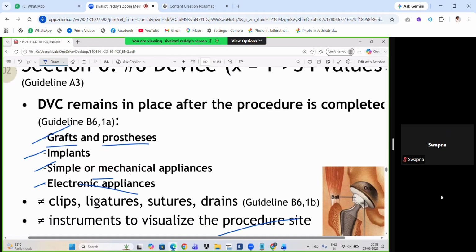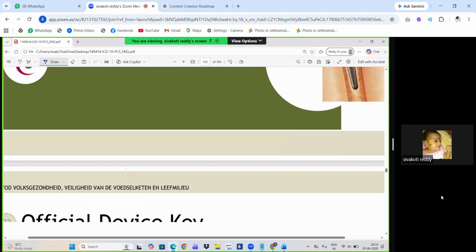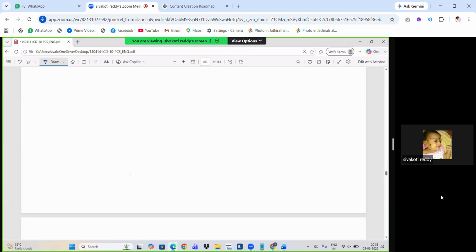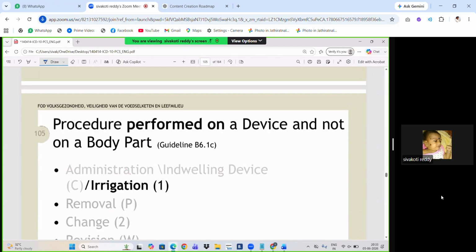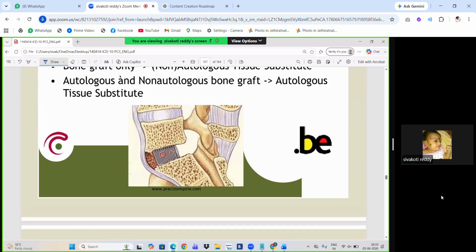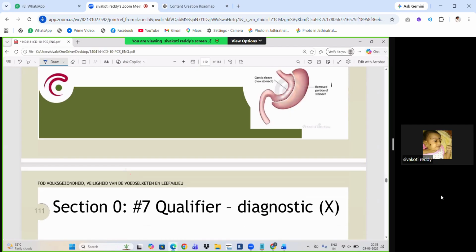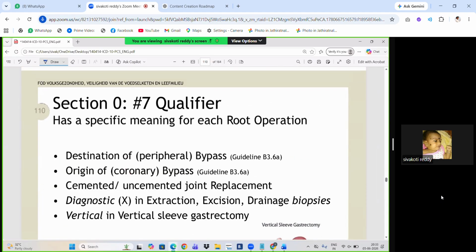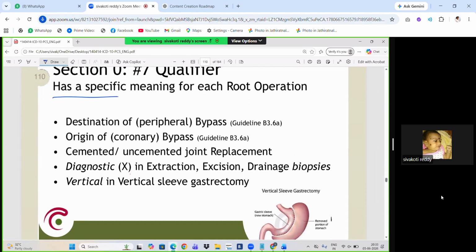Yes, sir. Thank you. Next, qualifier. Note that the qualifier has a specific meaning for each root operation.